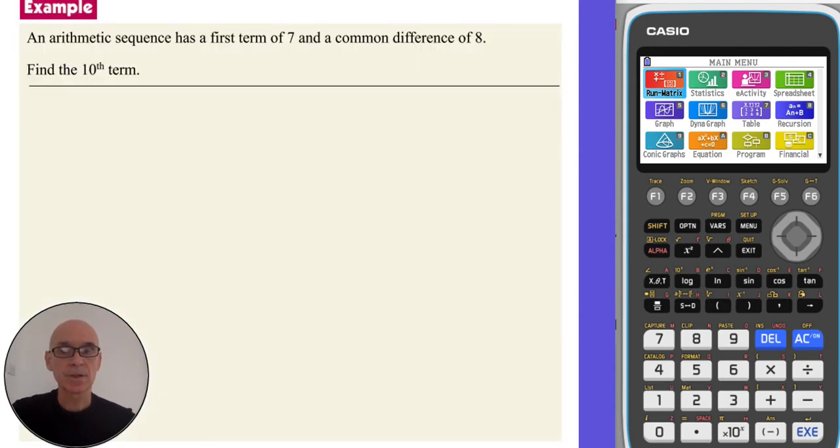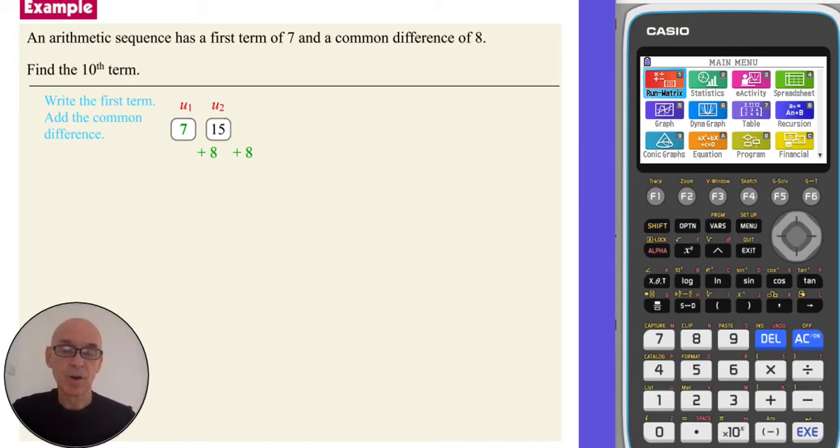In this first question, we're asked to find the 10th term of the arithmetic sequence given. We can start by writing down the first term, which we're told is 7, and then adding on the common difference of 8 will give the second term, u2, which is 15.